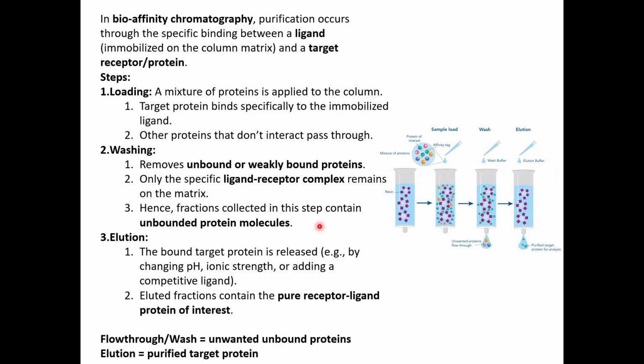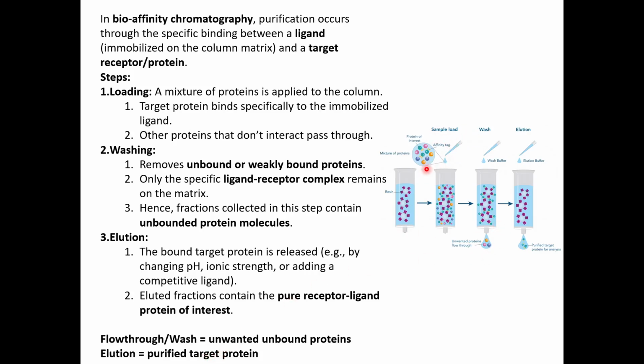Hence, fractions collected in this step contain only the unbound protein molecules. Then, in elution, the bound protein is released. So, eluted fractions contain pure receptor ligand protein of interest. So, flow through or wash has unwanted unbound proteins, and elution has purified target proteins.